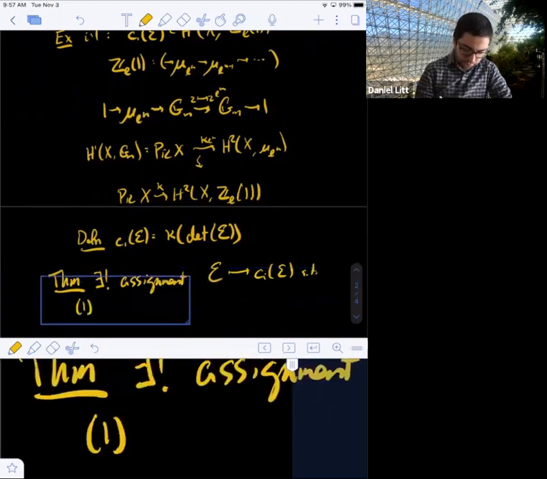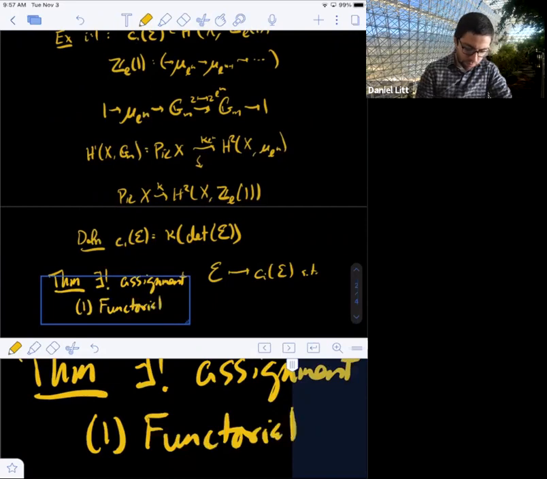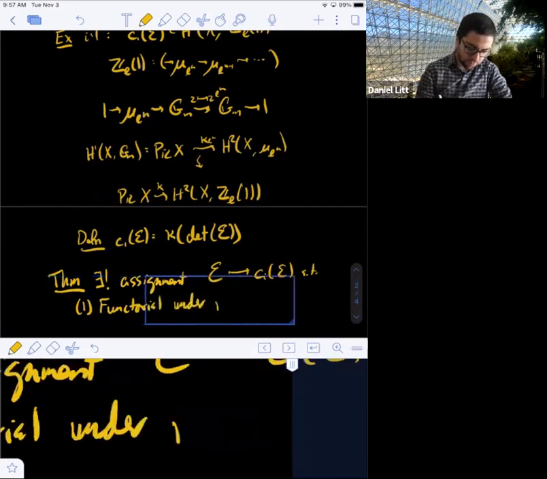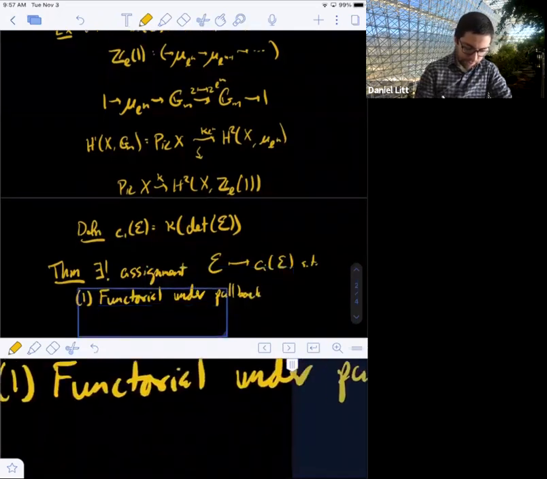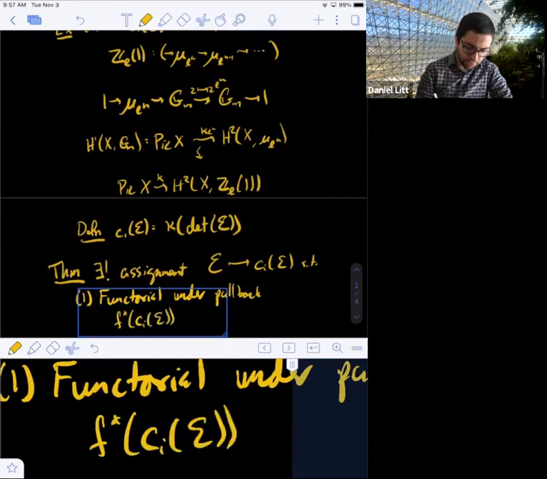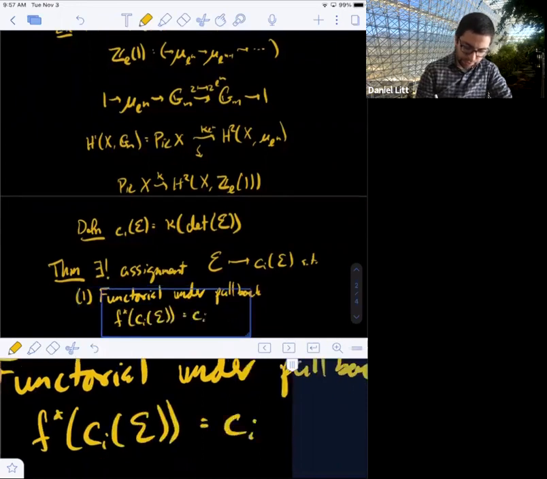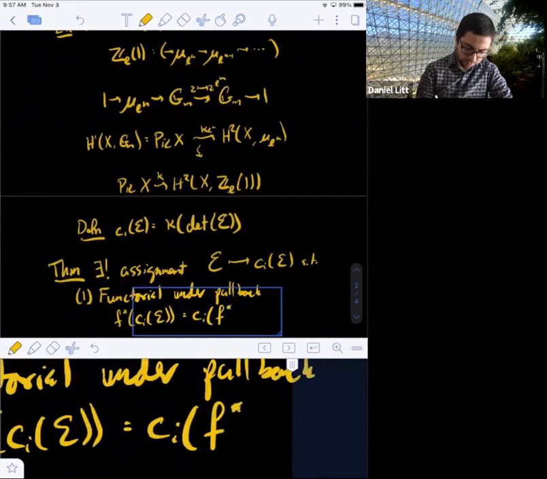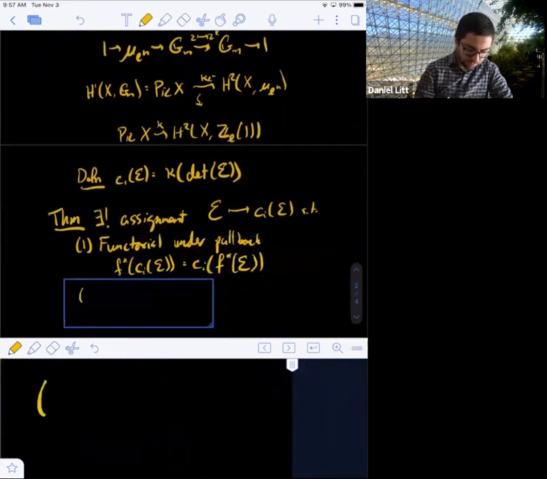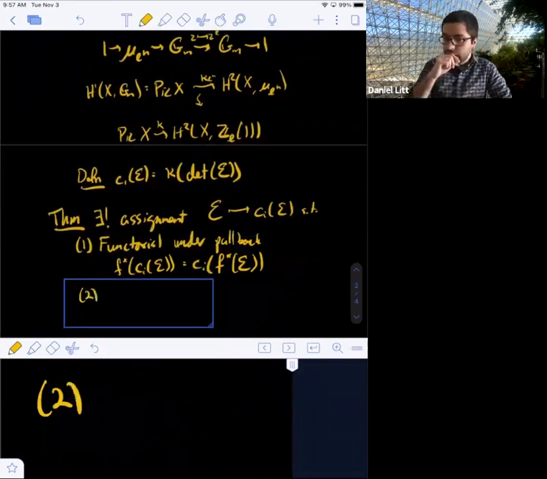So one, it's functorial under pullbacks. So what that means is that f star of Ci of E is the same as Ci of f star of E. So two, C1 is defined as above.